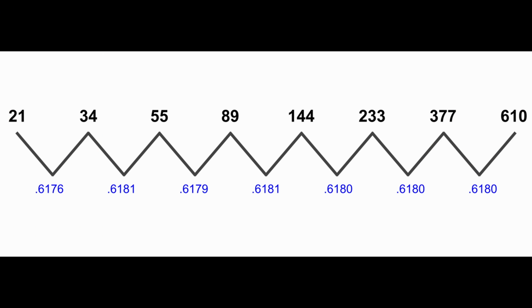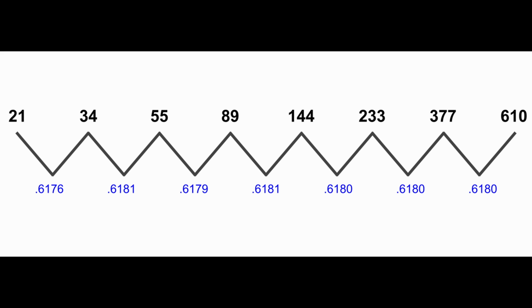The Fibonacci number sequence looks like this: 1, 1, 2, 3, 5, 8, 13, 21, 34, 55, 89, 144, 233, 377, 610 and so on. The next number in the sequence is always the sum of the previous two numbers.